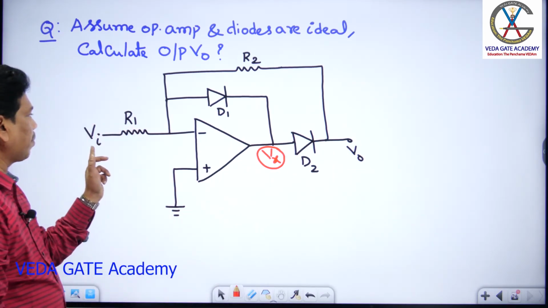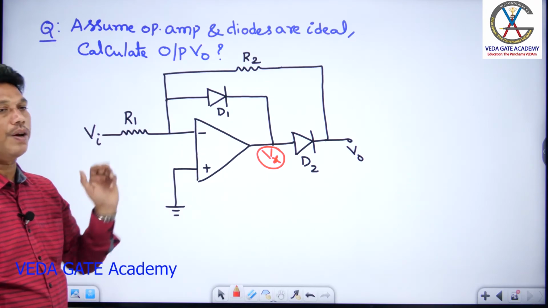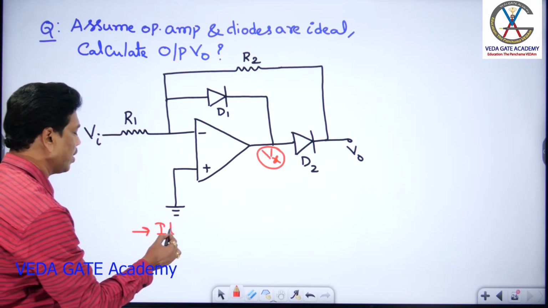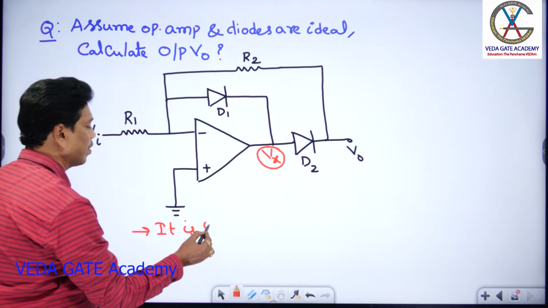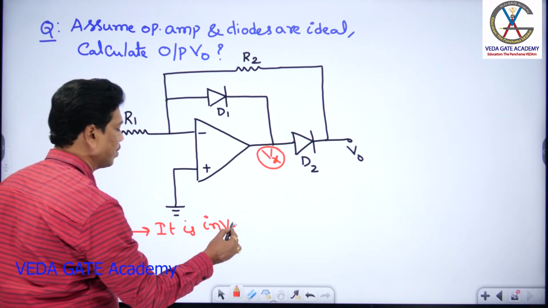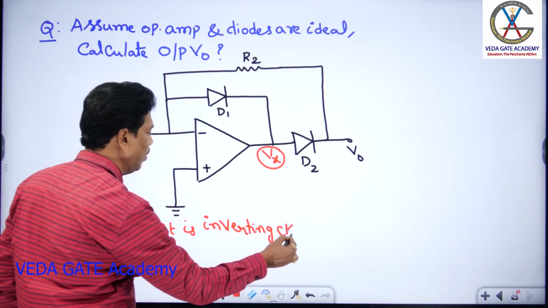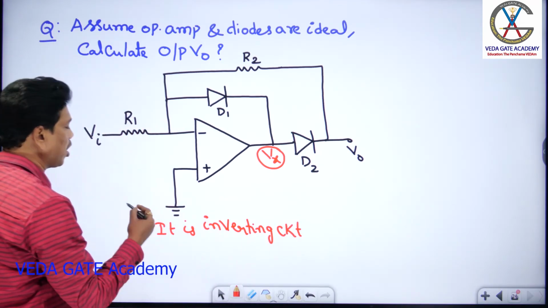Here the signal voltage is applied to the inverting node, so it is an inverting circuit. In an inverting circuit, the output and input are in opposite phase.